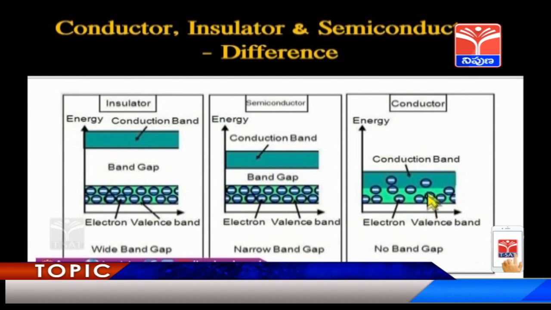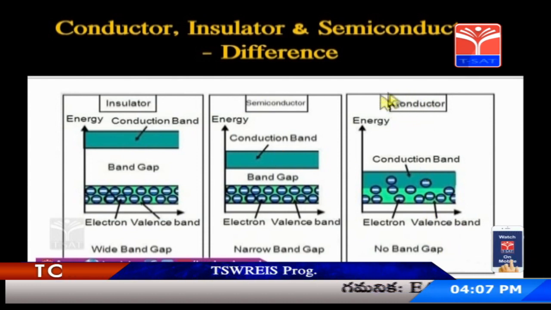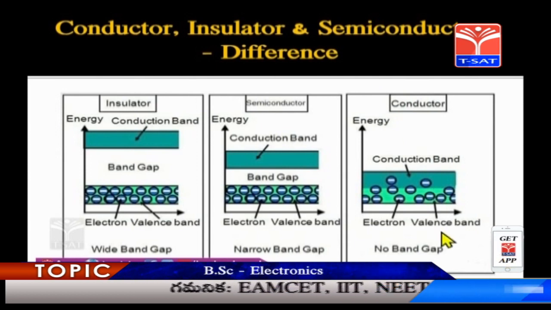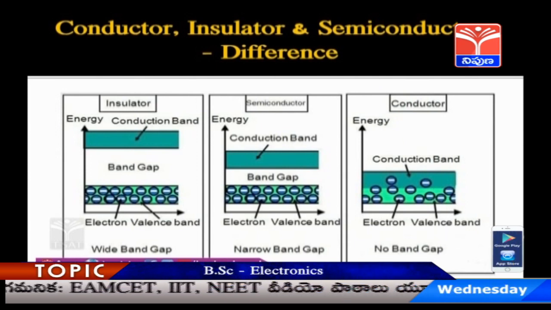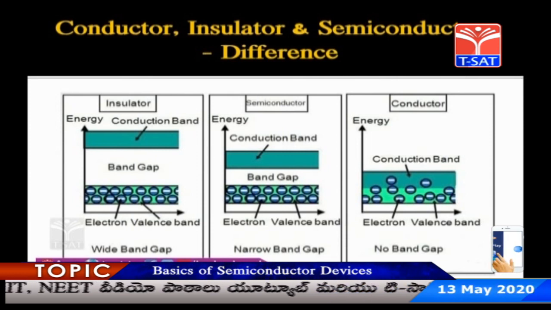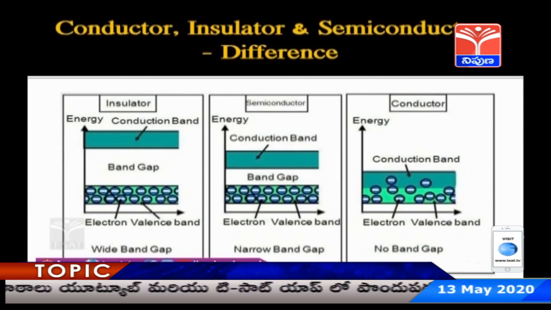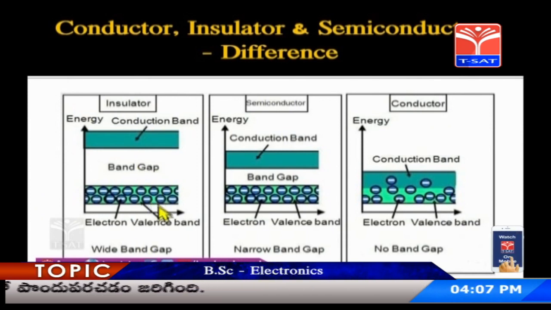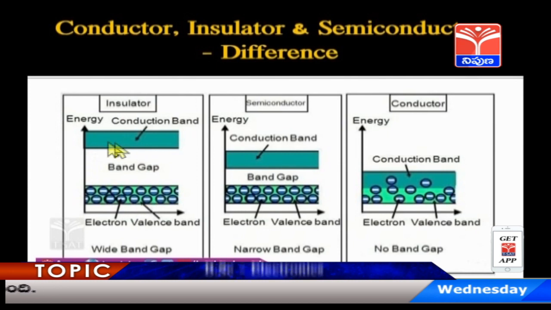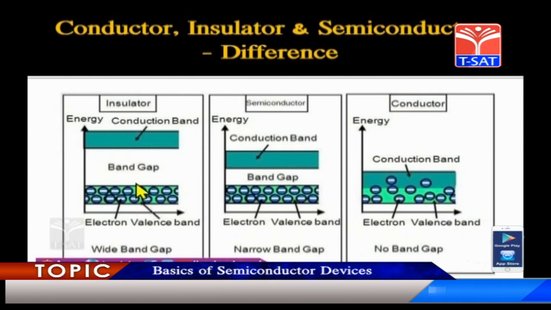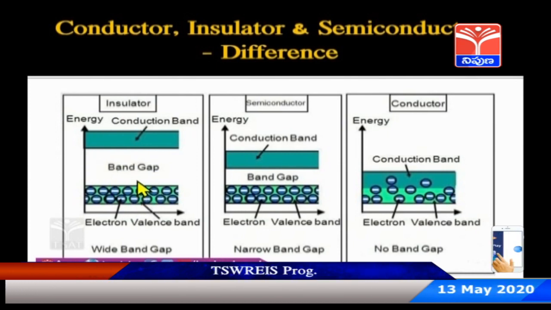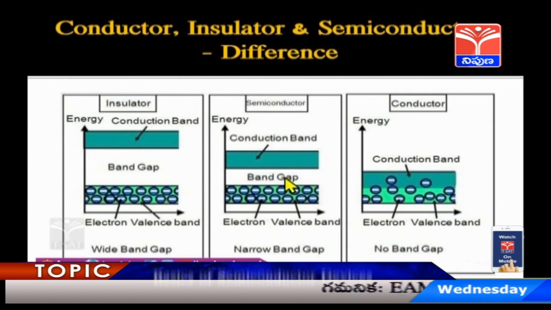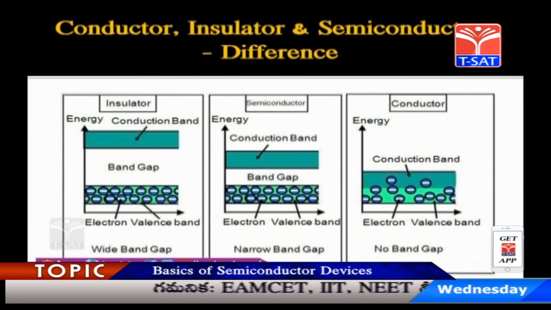In a conductor, the conduction band and valence band are overlapped. That means there is no gap between valence band and conduction band in the case of a conductor. Whereas for insulators, the gap between valence band and conduction band is very high, about 5.5 electron volts or more. The band gap for a semiconductor is very small, about 1 electron volt.